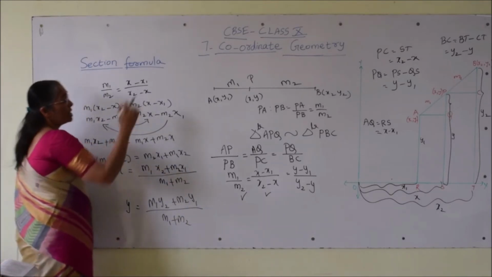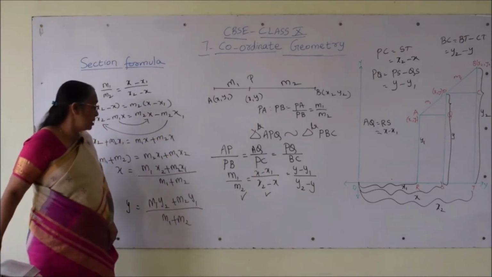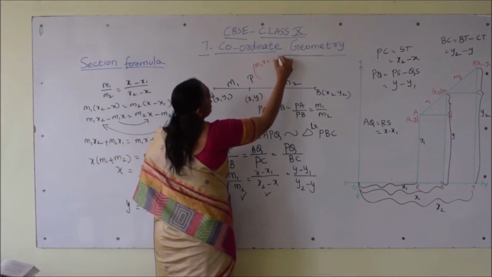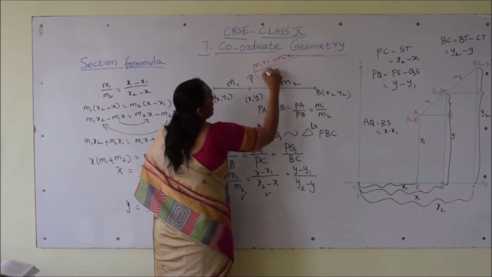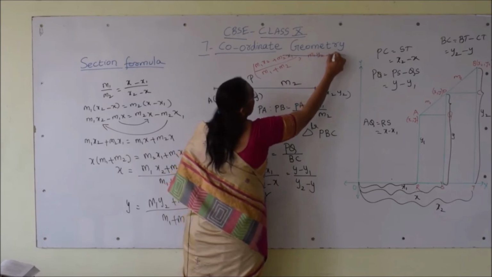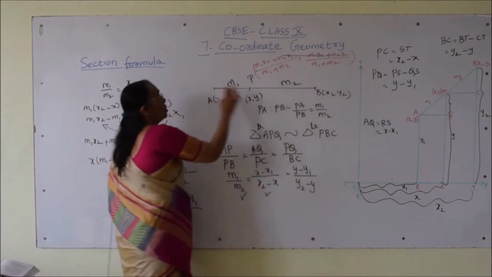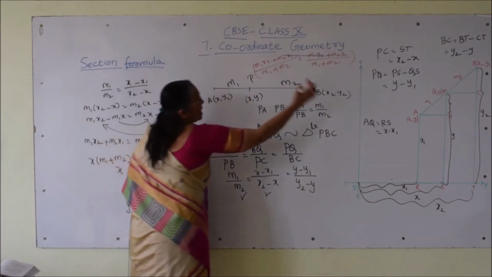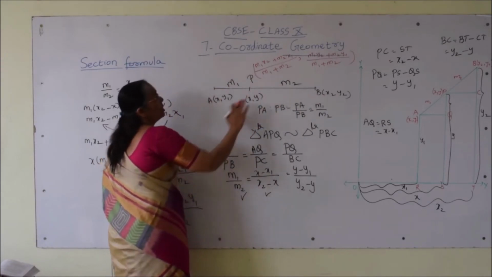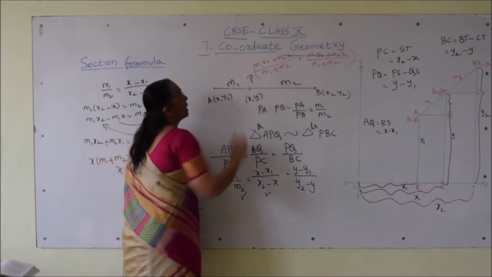So, the coordinates of the point P we derived are (M1 x2 plus M2 x1) by (M1 plus M2), comma, (M1 y2 plus M2 y1) by (M1 plus M2).